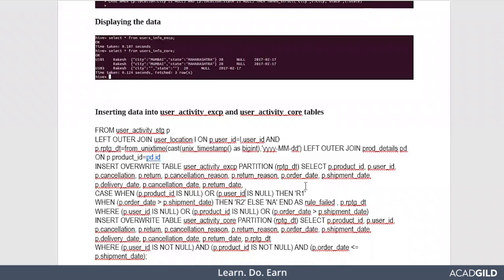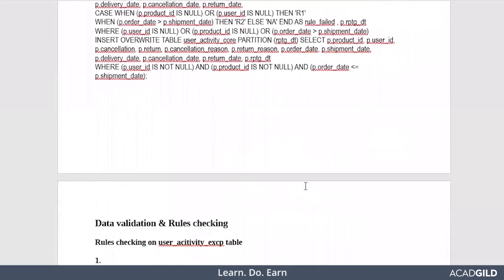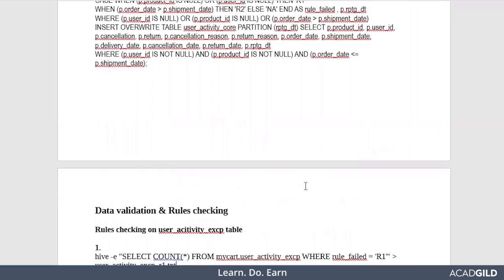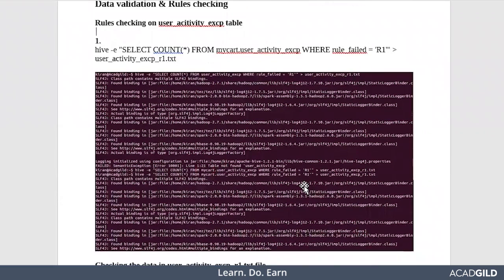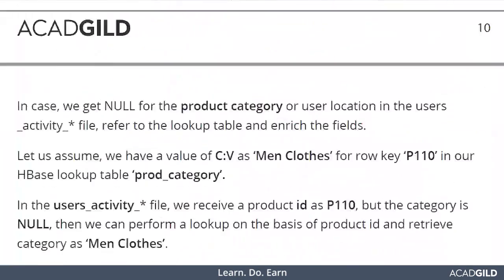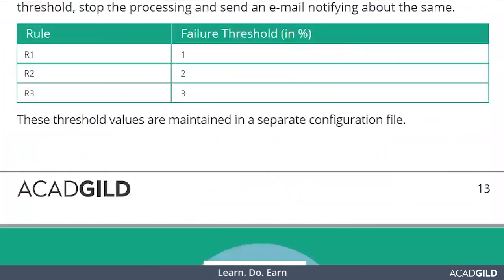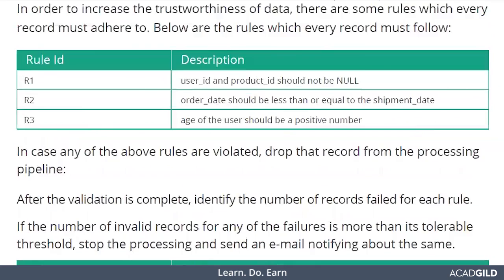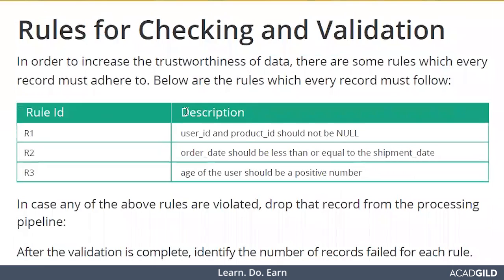So now we have our data ready, the valid as well as invalid data. Next we have to do some validation, as in we need to find out how many valid and invalid records are there. For that there are certain rules for checking and validation.